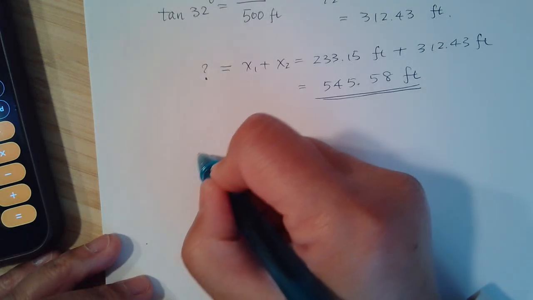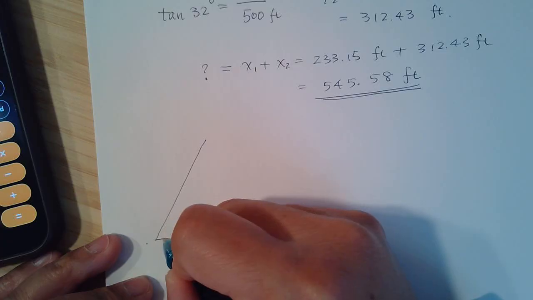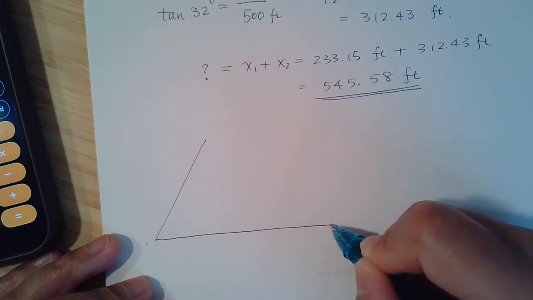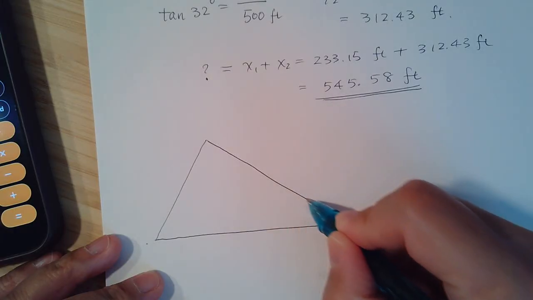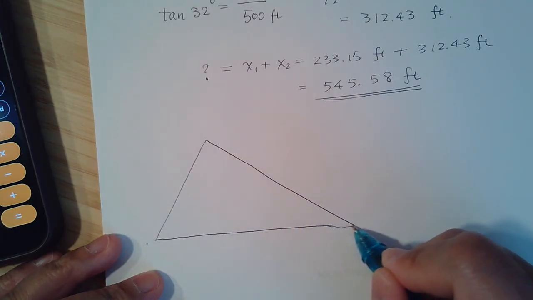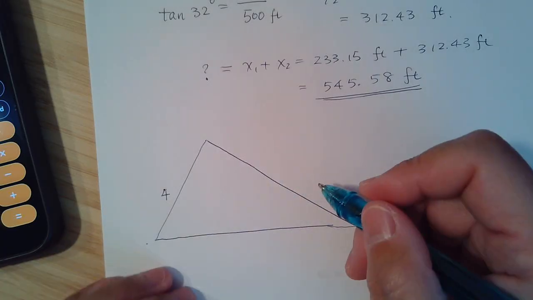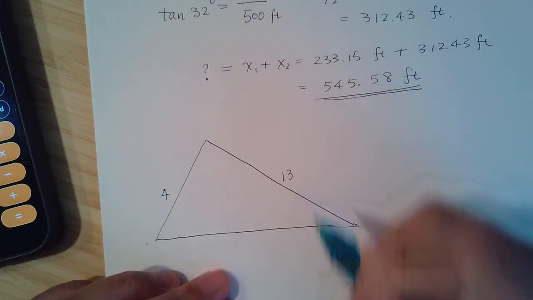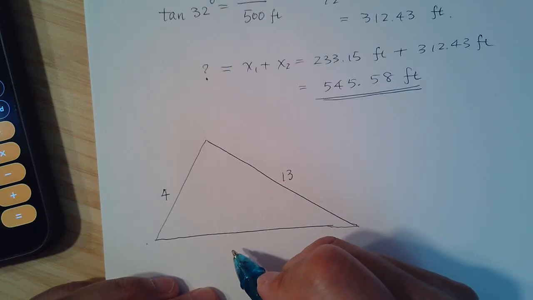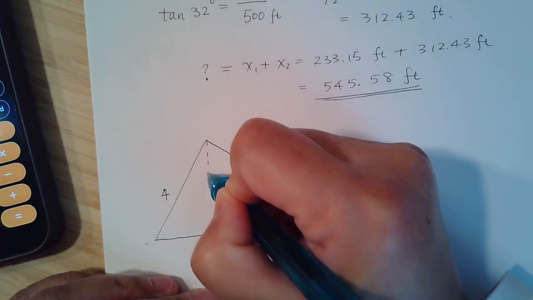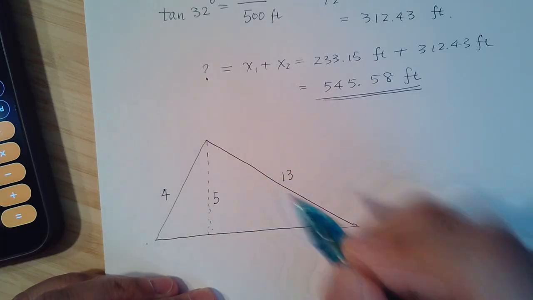Can you find this? This is a 4. Okay, so this is a 4, 13, and I give you there's a 5.